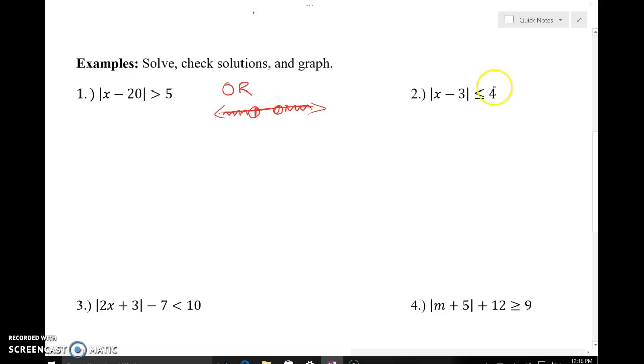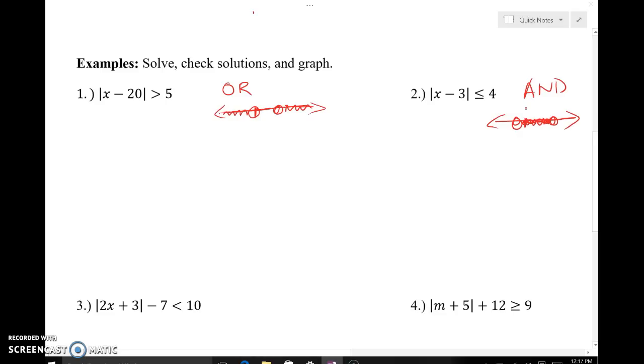Over here, number 2 is a less than problem, so that's an and problem, and those solutions are going to look something like two solutions coming together in the middle where they overlap. So you could see just visually what the difference in the two solution sets are, and now I'll show you how the numbers make those two things happen.